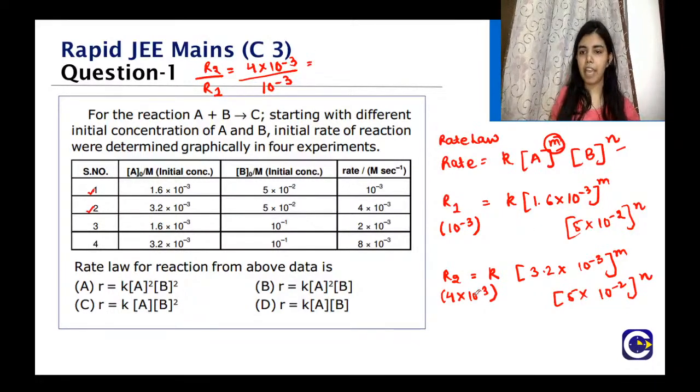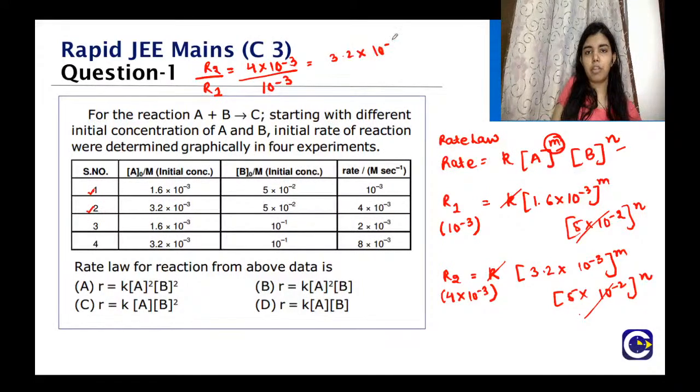K and K will get cancelled out, and 5 into 10 raised to the power minus 2 raised to the power n will also get cancelled out here. We are left with 3.2 into 10 raised to the power minus 3 raised to the power m divided by 1.6 into 10 raised to the power minus 3 raised to the power m.